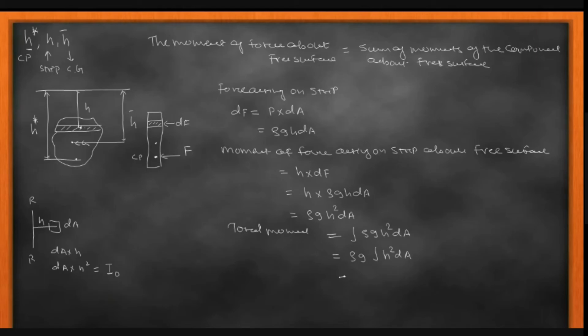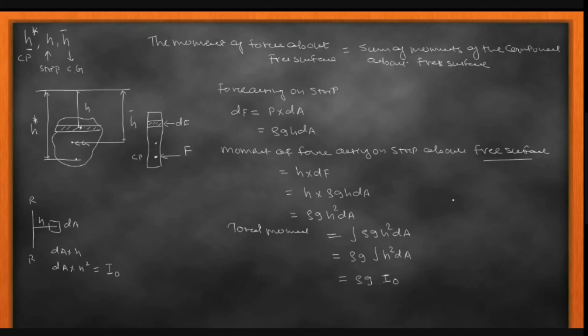So here I write down rho g into I naught. I naught is the moment of inertia, or it is called the second moment of area about the free surface. Students, you must remember that all the considerations we do for the moment, we take the reference plane as the free surface. So we consider the distance from the free surface.